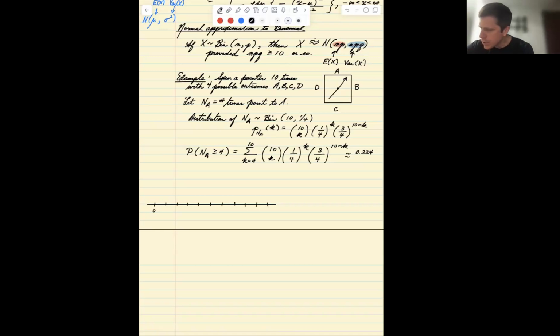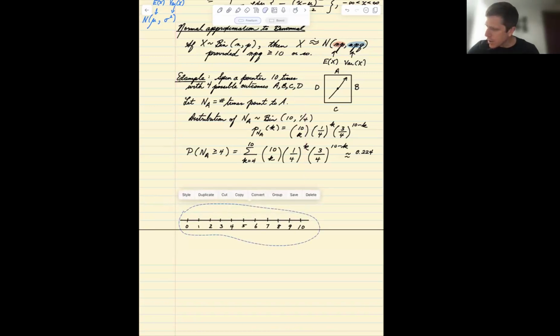Okay, so the possible values of n are all of the integers from 0 to 10, 0, 1, 2, 3, etc. And there's a probability mass associated with each of those. So what we're going to do is draw a probability histogram.